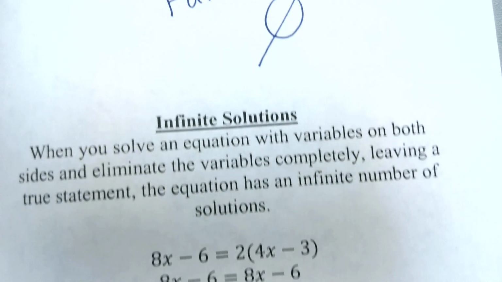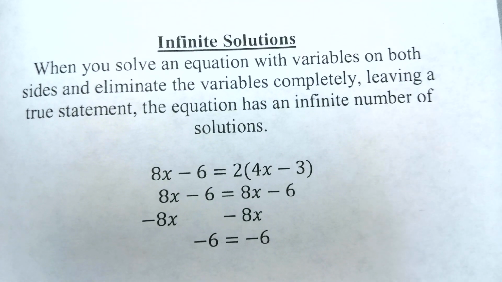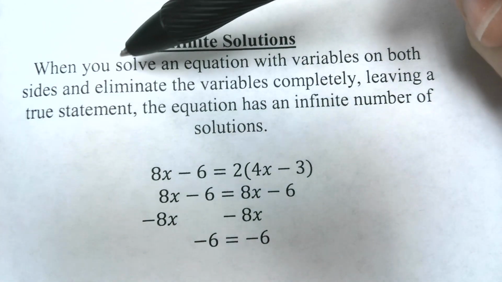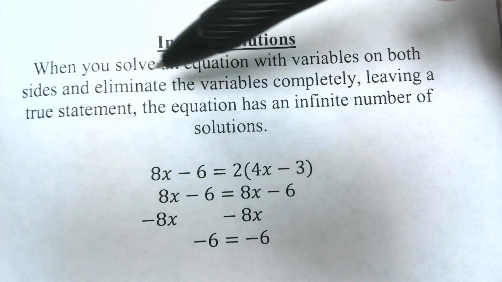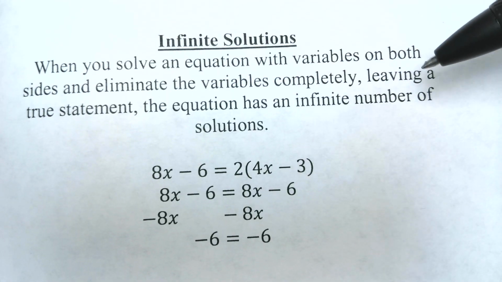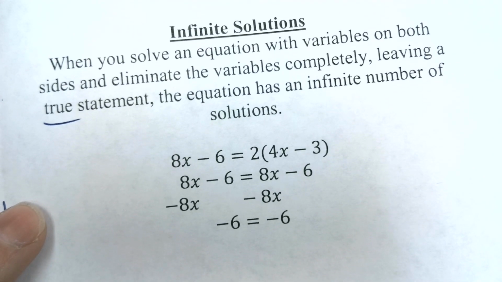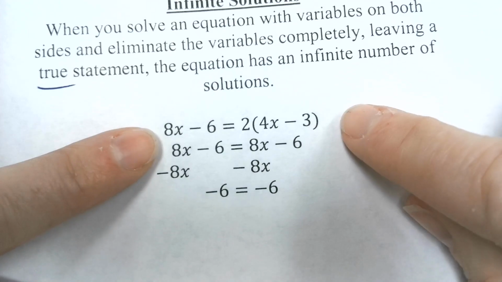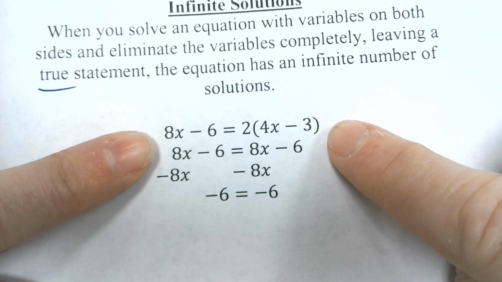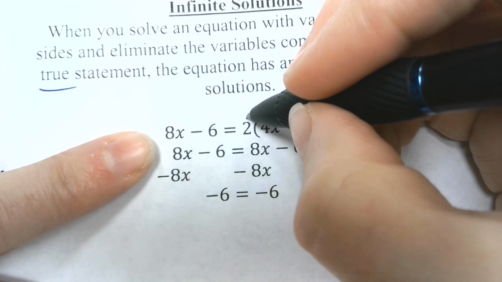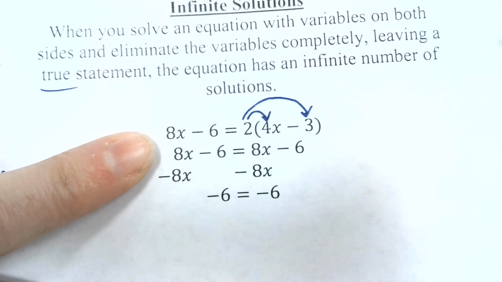All right, infinite solutions is the other special case. It says when you solve an equation with variables on both sides and eliminate the variables completely, leaving a true statement, then it has infinite number of solutions. So let's look. It's a little bit the same but kind of different. So let's show that they distributed as our first step.